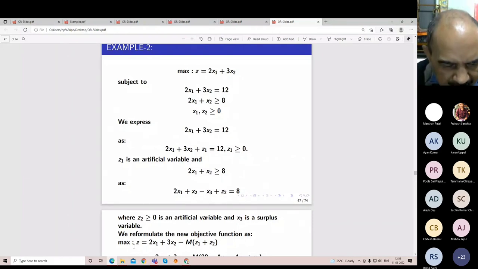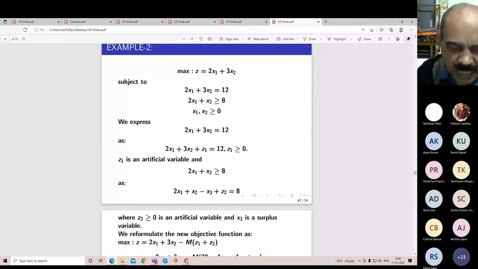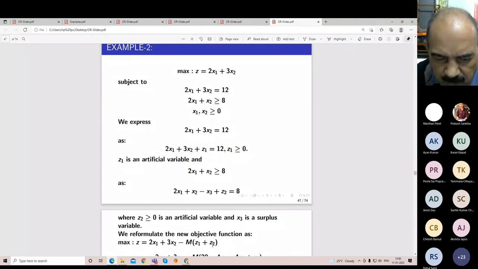My new objective function is z equal to 2x1 plus 3x2 minus M times z1 plus z2. What is M? M is a large positive number. Now z1 and z2 are generally non-negative, and if they become 0, that is the minimum value.